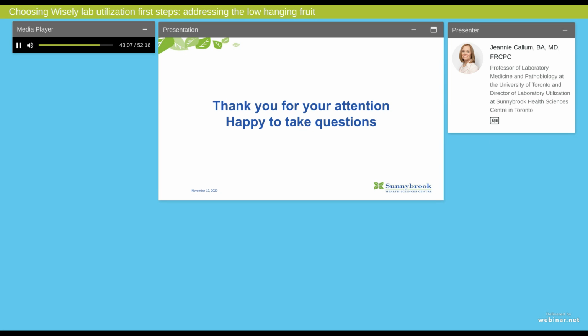Our next question: does the Choosing Wisely initiative offer specific guidelines and recommendations to reduce unnecessary expenses related to the reduction in length of hospital stay and also inappropriate utilization of high-cost medications?